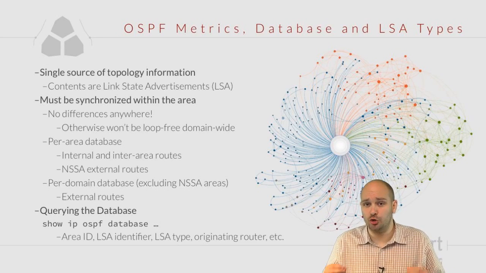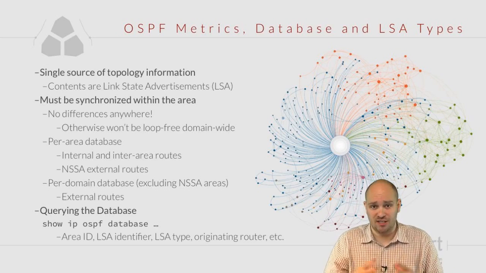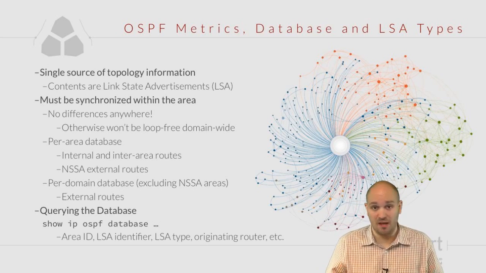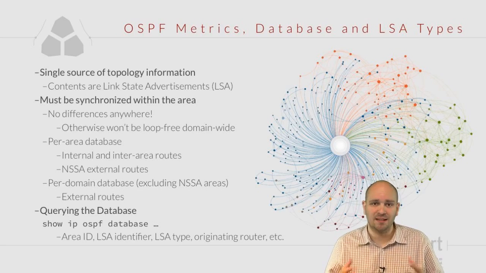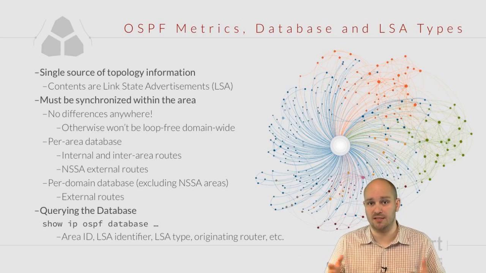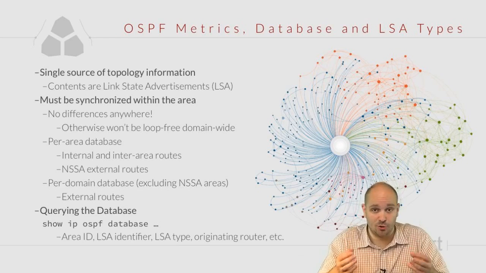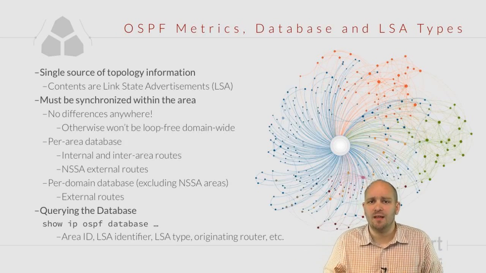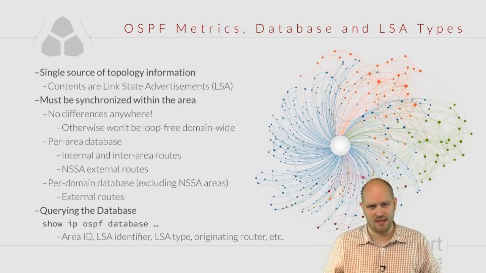By design in OSPF, we shouldn't see any discrepancies. But if we encounter them, we know we are dealing with some problem, some bug, that is something you cannot solve yourself. And if that was permitted, it could lead to terrible, terrible loops in our network.